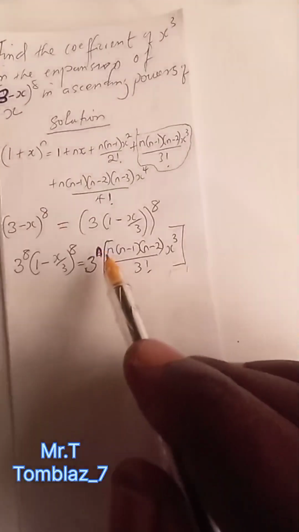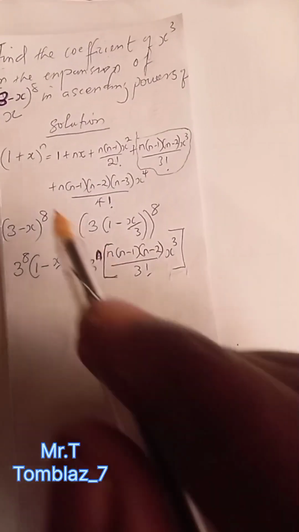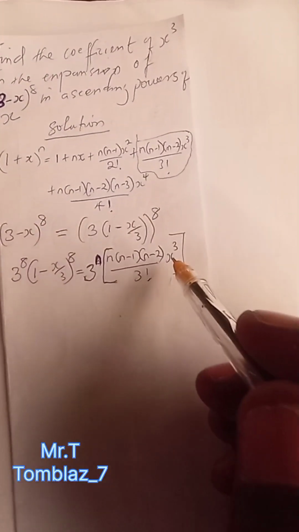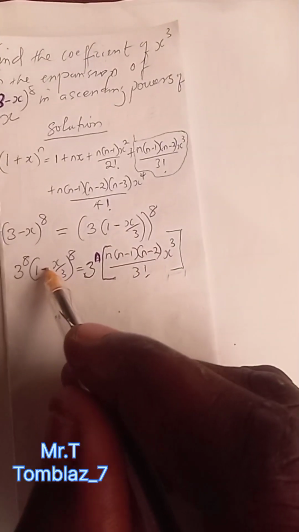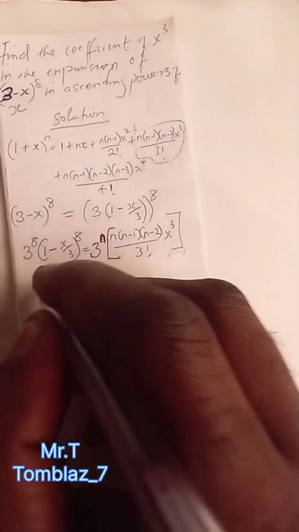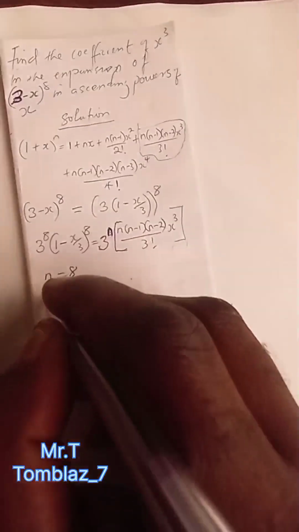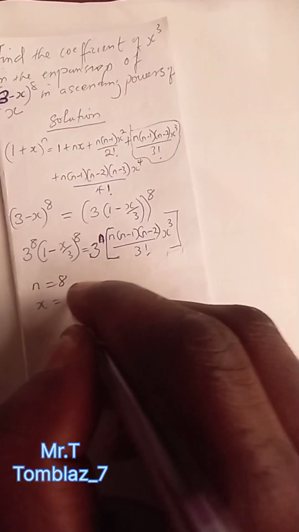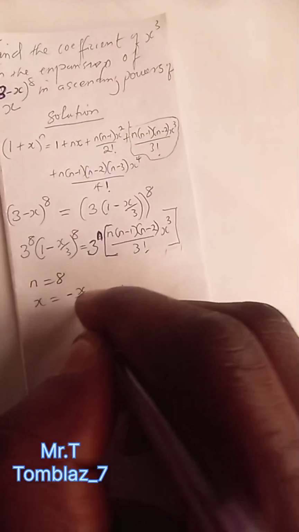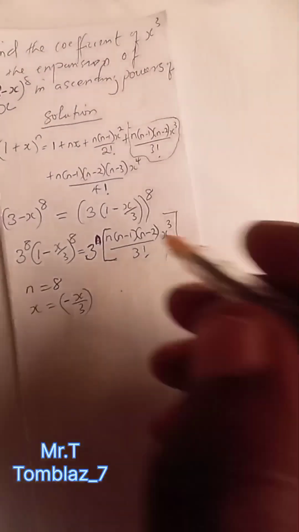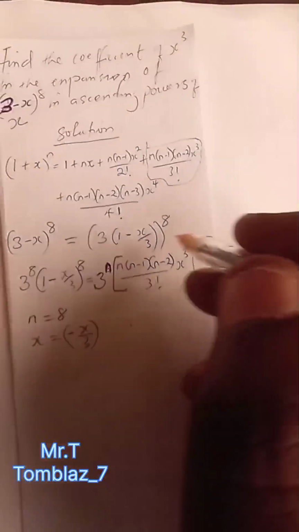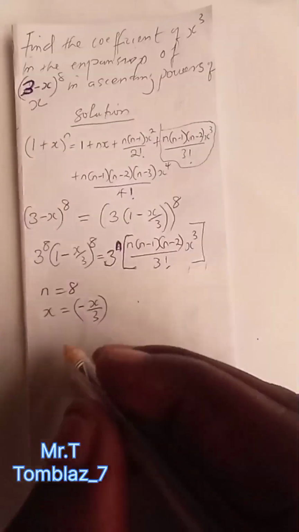But looking at the relationship, we know that our n is 8, right? And our x here is minus x over 3. So let me bring out the values: n is equal to 8, and x is equal to minus x over 3. So let's substitute it into this so that we can expand.